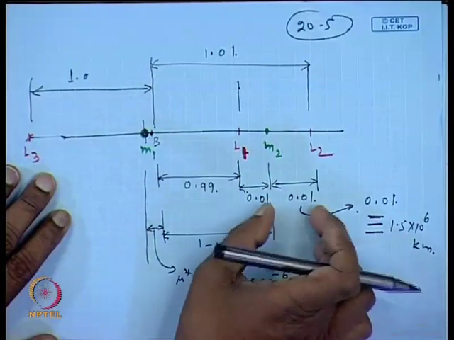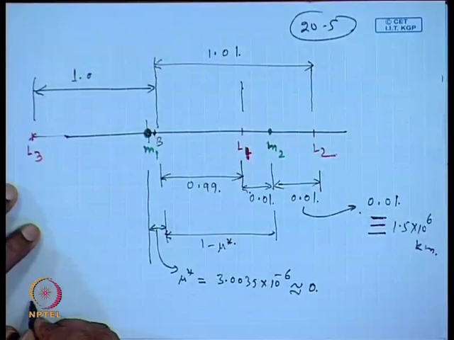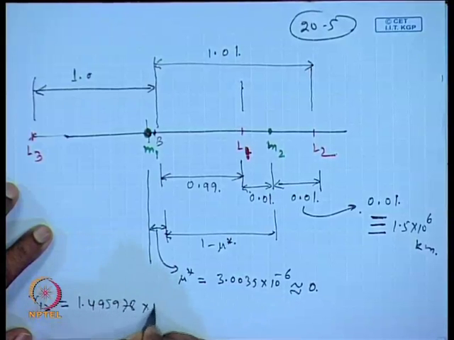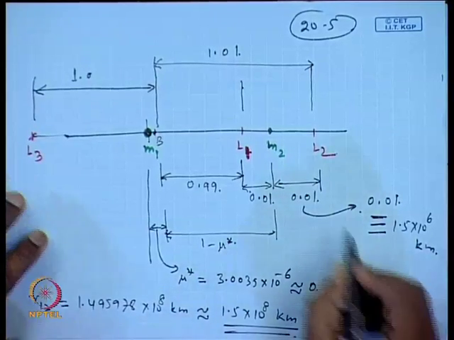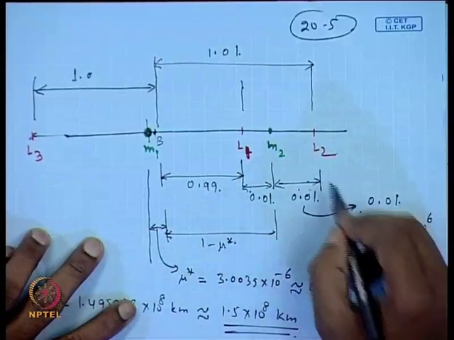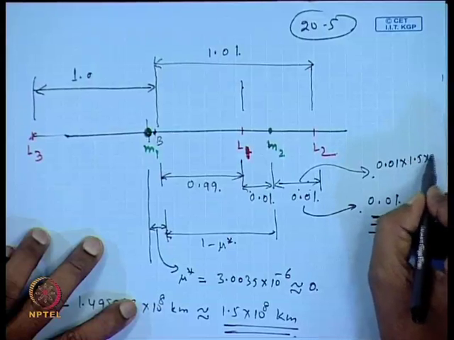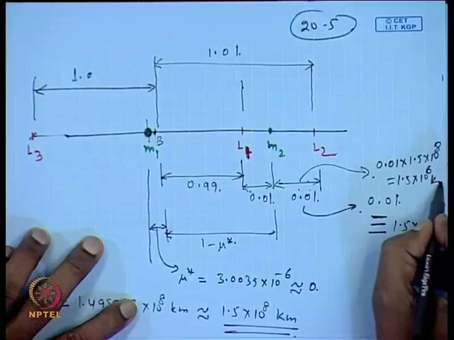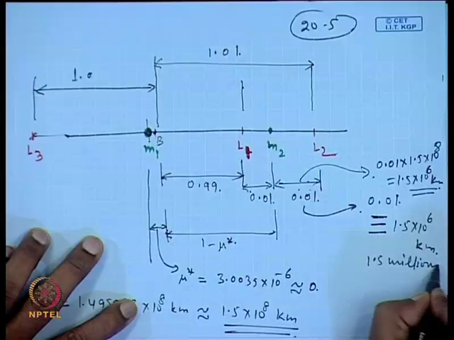Because the original distance from here to here, distance R12, is 1.495978 into 10 to the power 8 kilometers, which is nearly equal to 1.5 times 10 to the power 8 kilometers. So, to expand this distance to the original scale, we need to multiply 0.01 into 1.5 into 10 to the power 8 and this gives you 1.5 into 10 to the power 6 kilometers, that is 1.5 million kilometers.